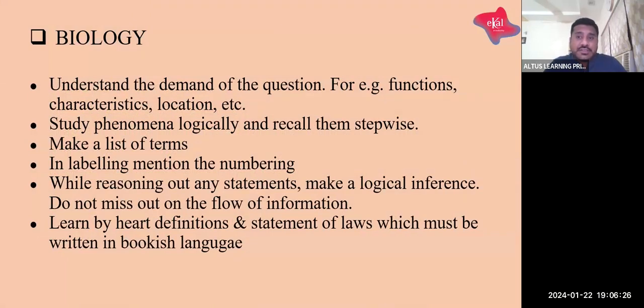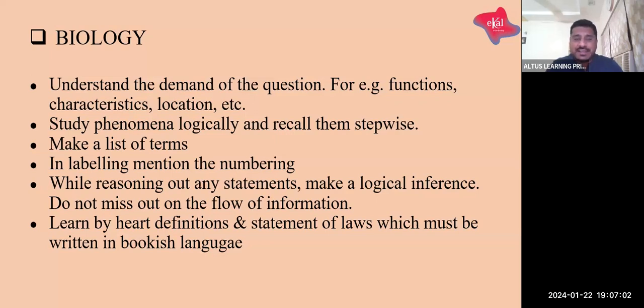Understand the demand of the question. For example, functions, characteristics, locations, etc. For example, if there is a question where a diagram is given and a label is given. Let's say, for example, human digestive system, and the labeling is done to the small intestine. And the question is, write the function of the labeled part. We just see the diagram, we just get happy that, oh, I know the answer.